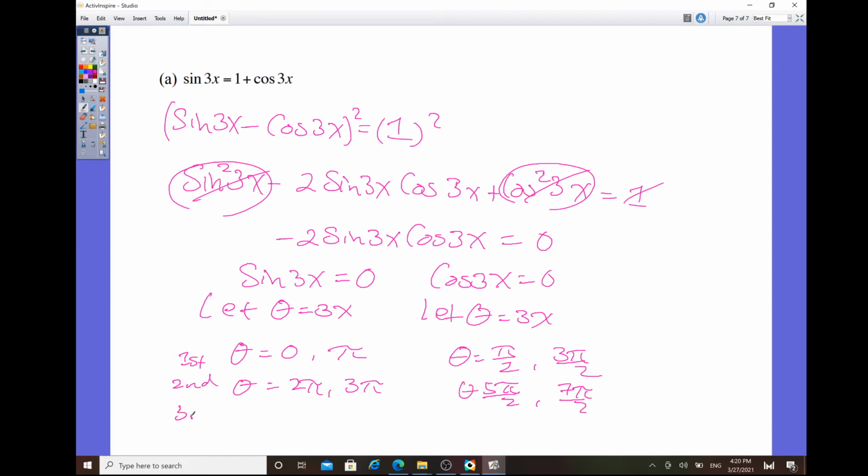And then for the third cycle, this one would be 4 pi, 5 pi, and then 9 pi over 2, 11 pi over 2. And don't forget, divided by 3 eventually.